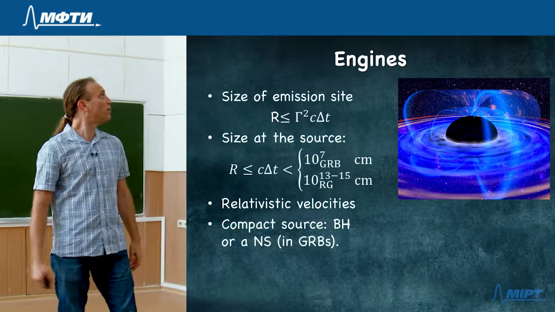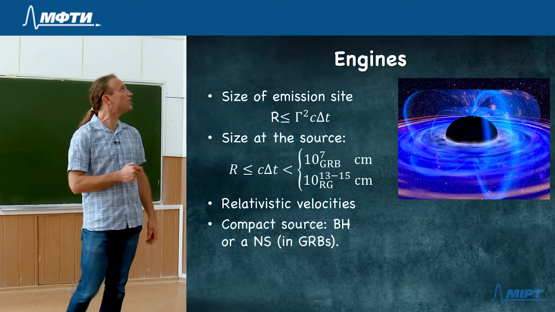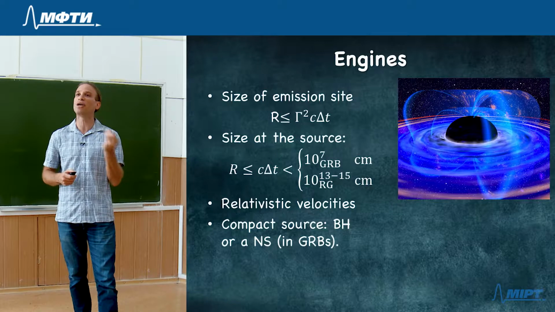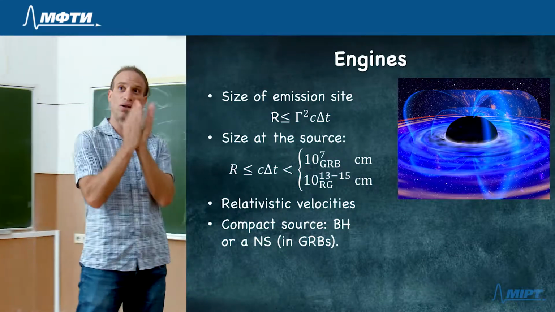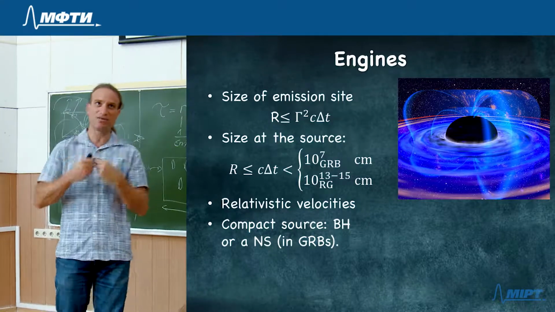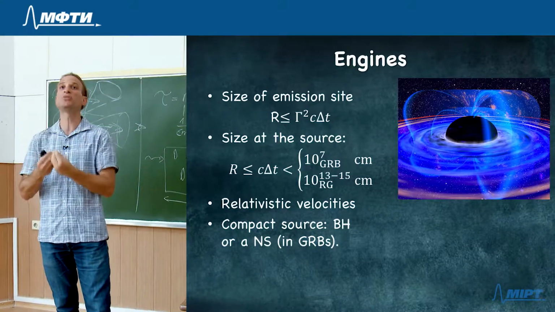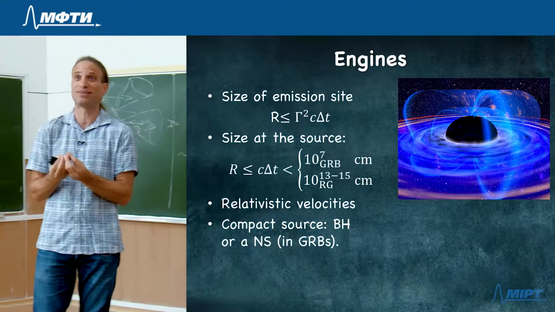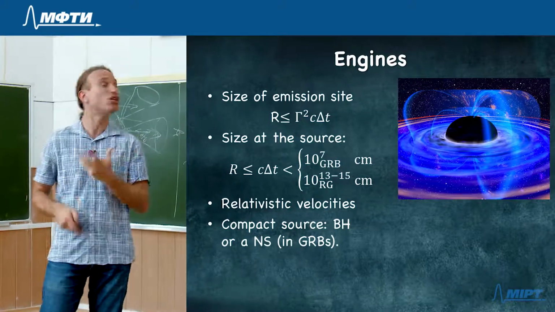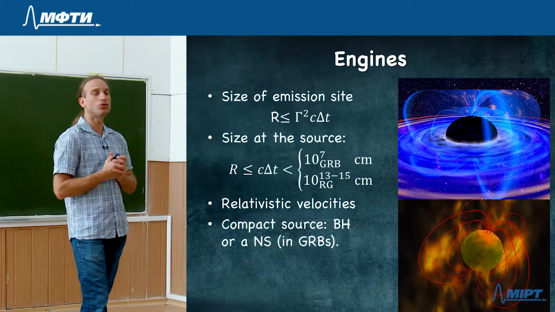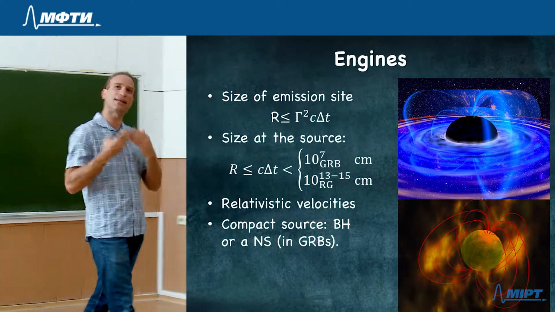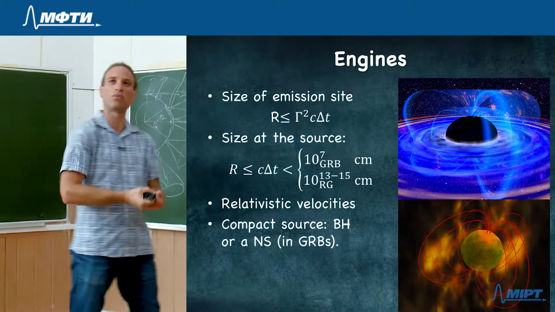So the problem is that these jets, which show this high variability, can only be emitted from very small locations, and this leaves me with objects that are very compact. And the two types of compact objects that I know of are, of course, black holes and neutron stars. So that's why we say that relativistic jets are emitted from compact objects.